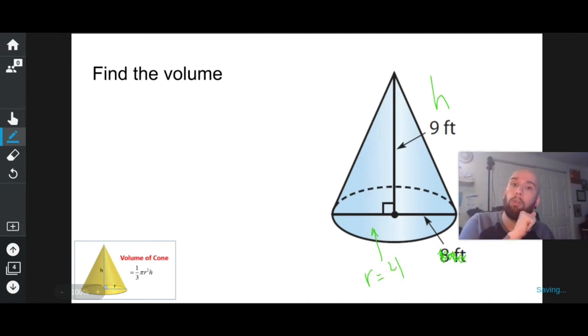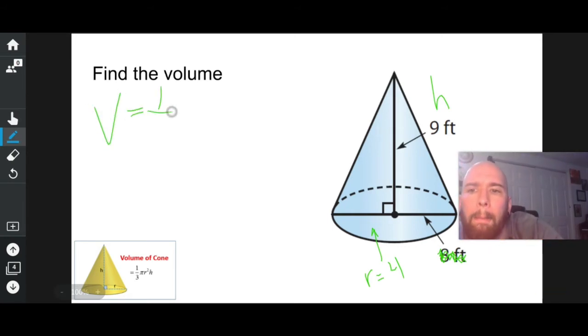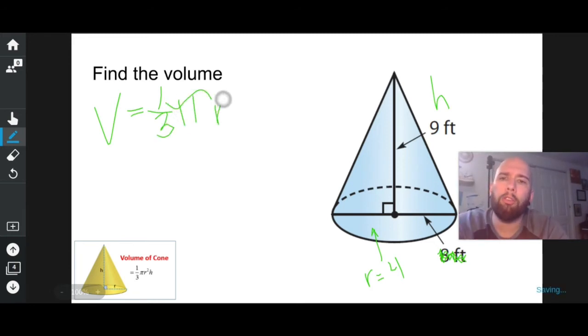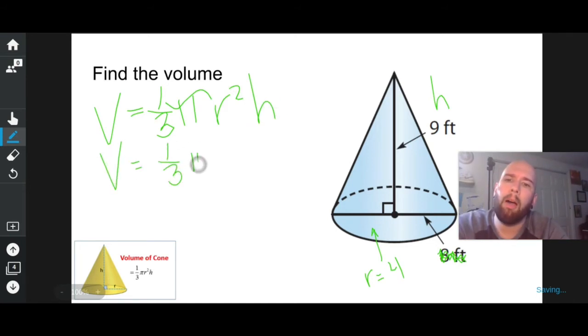Be careful. Never plug in your diameter. Volume is 1/3 pi r squared h. So volume is 1/3 pi 4 squared times 9.